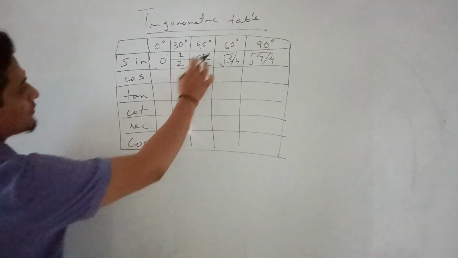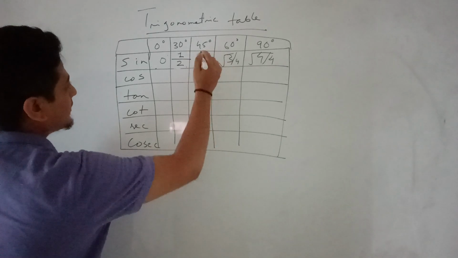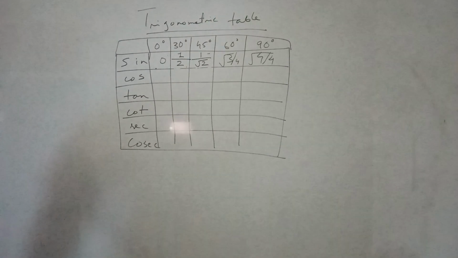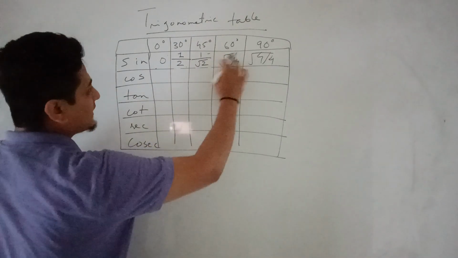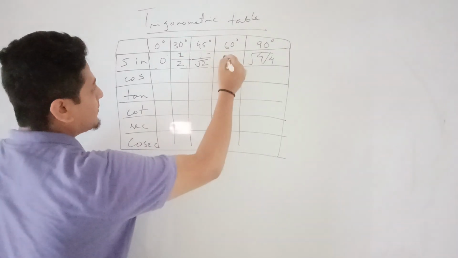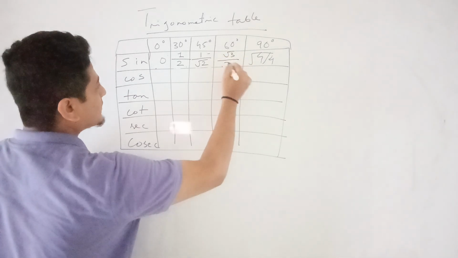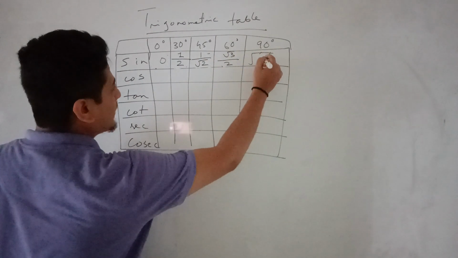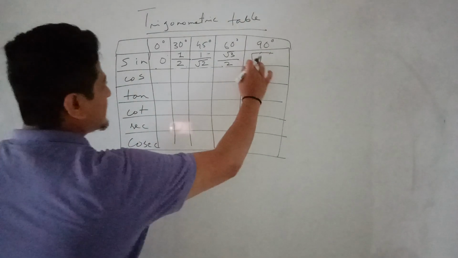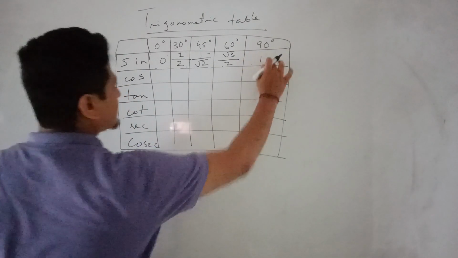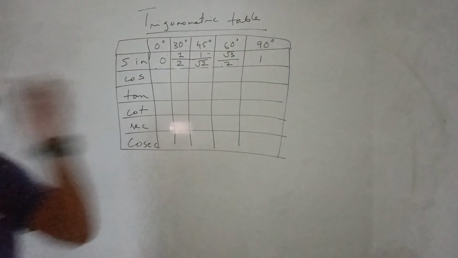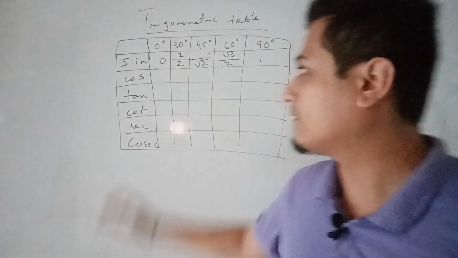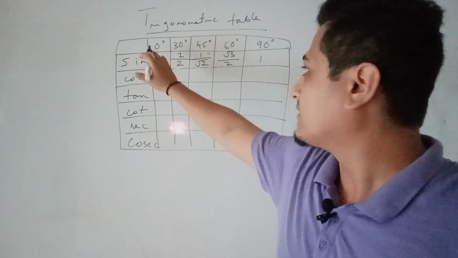And if we take the square root of 1 by 2, what will it become? 1 by root 2. Yes. And in this case, root of 3 by 4, if we take the square root, what will it become? Root 3 by 2. And what is 4 divided by 4? 4 divided by 4 is 1. And what is the square root of 1? It is nothing but 1. Okay, this is an easy way to find out sine 0, sine 30, sine 45, sine 60 and sine 90, the values of these angles.